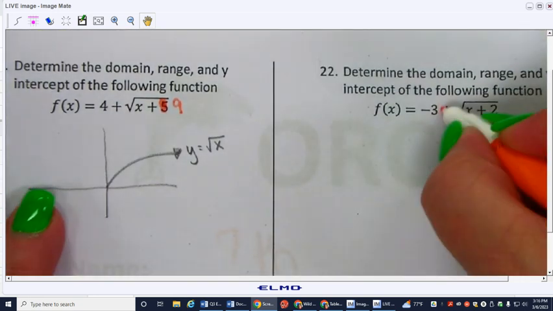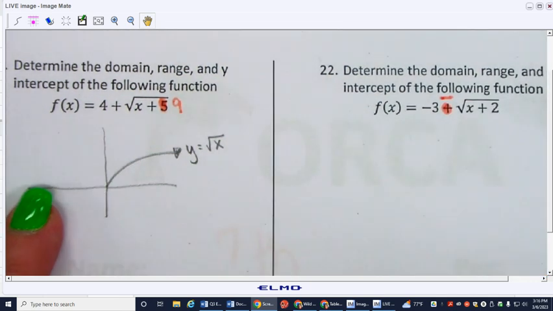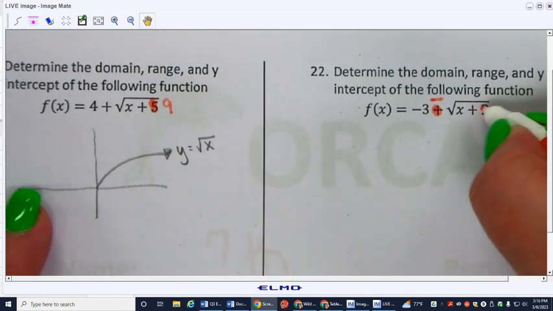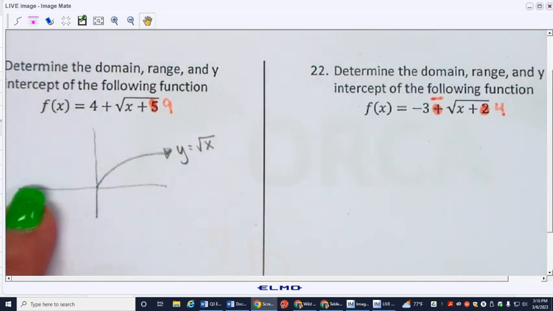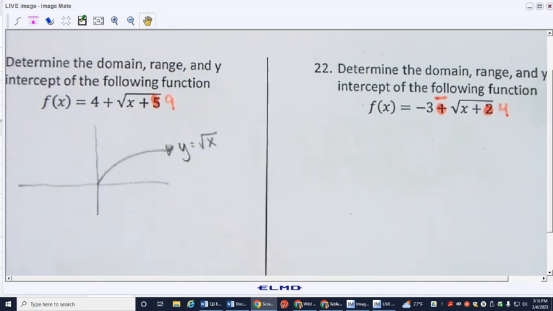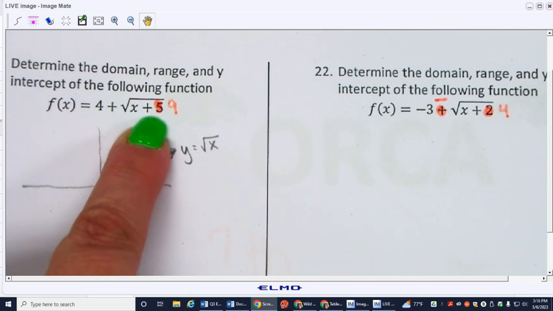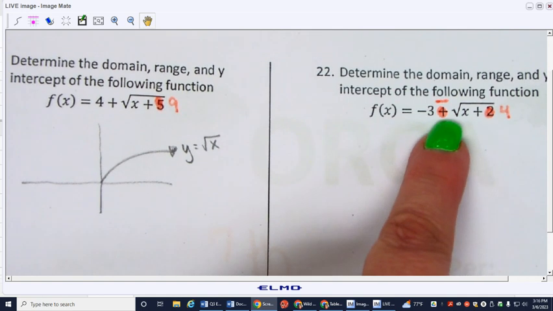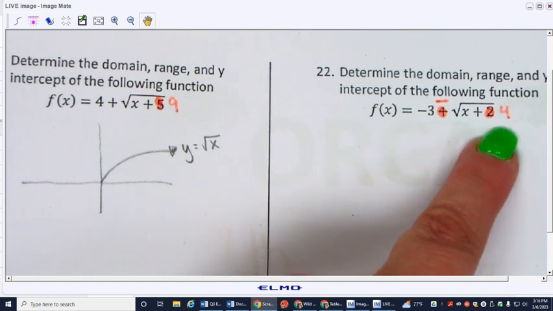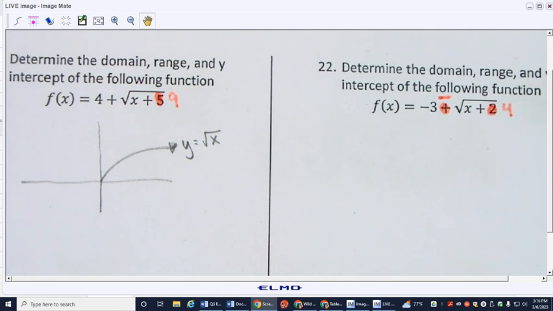And over here, this looks like a plus sign, but it's not. It's really a minus. Fix that typo. And this looks like a plus 2, but it's not. It's really a 4. Fix that typo. So this one is really 4 plus the square root of x plus 9. And this one is really negative 3 minus the square root of x plus 4. Okay, now that I got that out of the way.